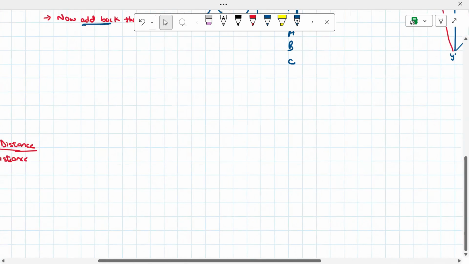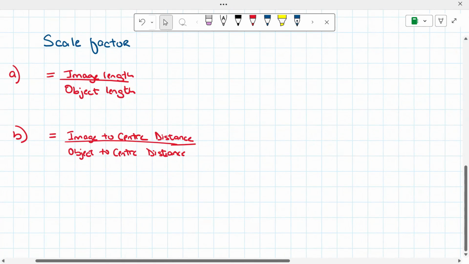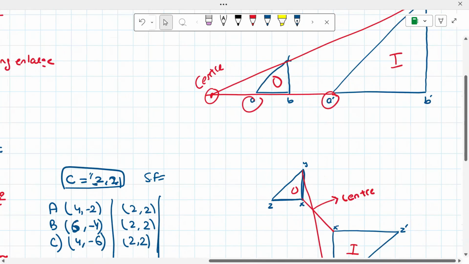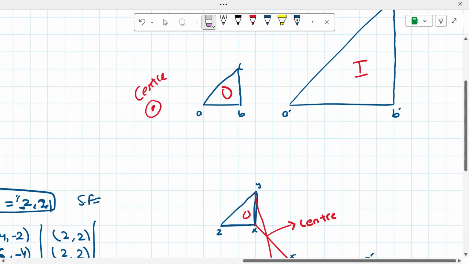Now coming towards the scale factor. For the scale factor, we always have two formulas: image length over object length, or image to center distance over object to center distance. I'm going to apply these in the previous example that we have done. We have already marked the center, so I will erase the marking. If I say the first formula is simply image distance over object distance, the object distance over here is how many?